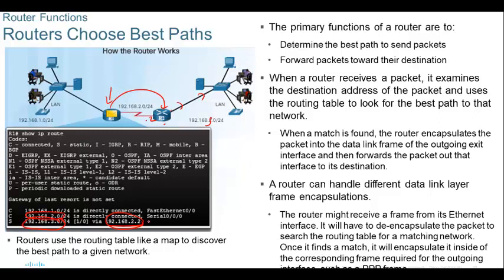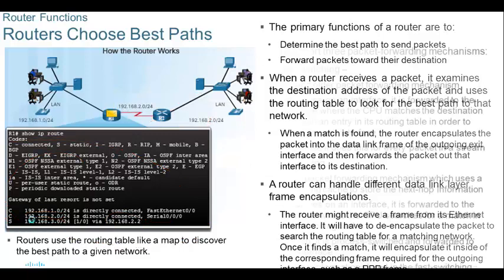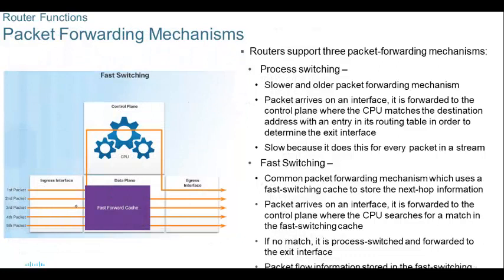This is the control plane of a router, the routing table. So the second time the packet comes, it need not go to the routing table and check. It will directly forward it because the cache memory has the info. All right, this is what is called fast switching.